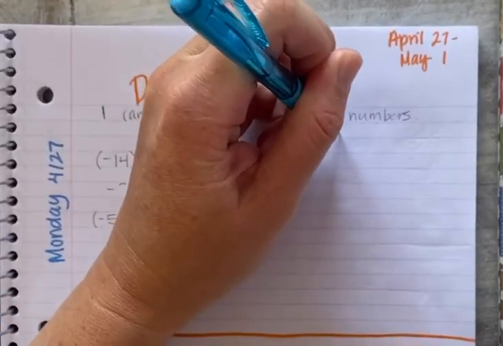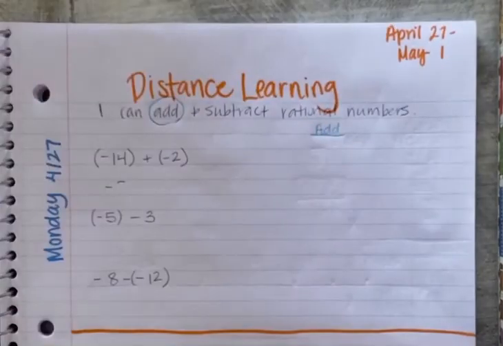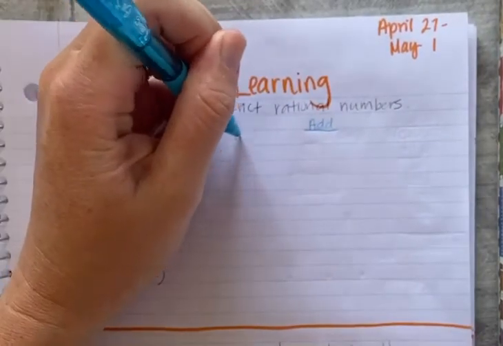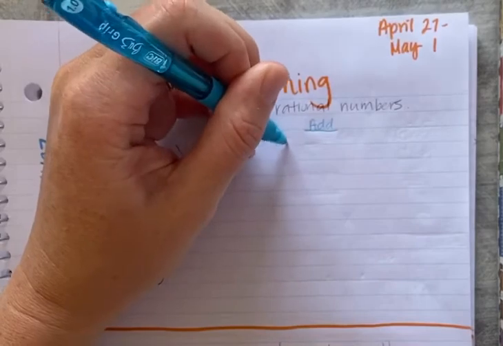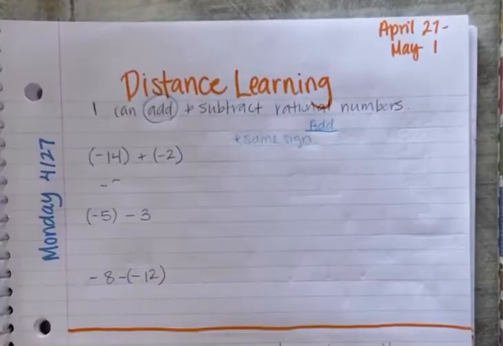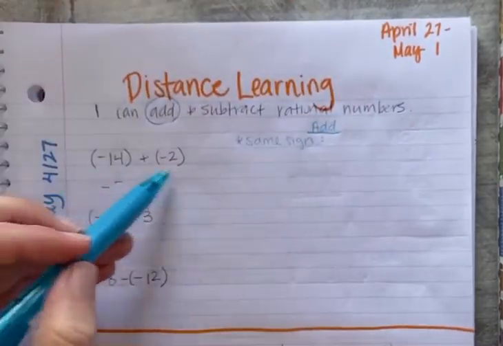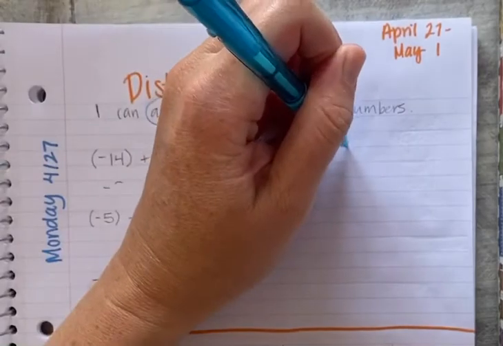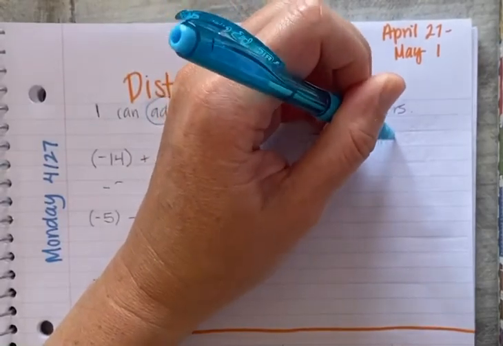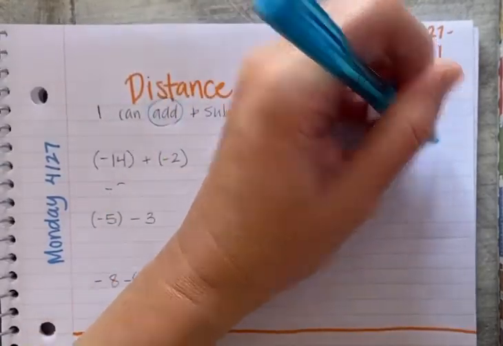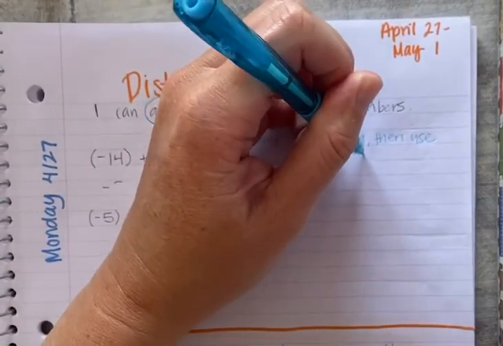When we add numbers with the same sign, we add them just like normal, and then we use that same sign. So add, then use same sign.